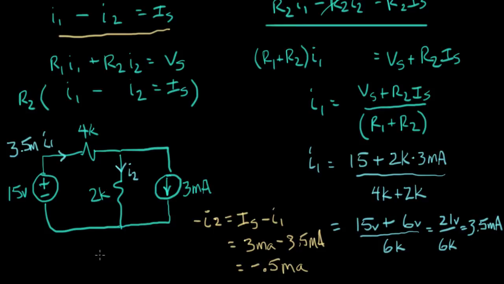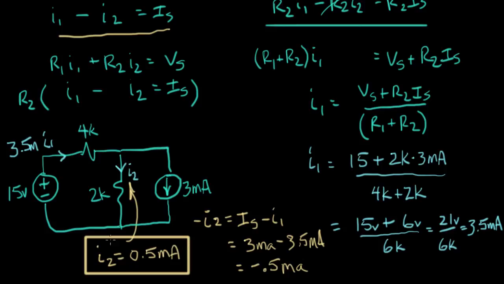Let's get rid of the minus signs. I2 equals 0.5 milliamps. And that's that value right there. Let's put some boxes around our answers we have so far. Here's one. And here's another one. There's I2 and I1.